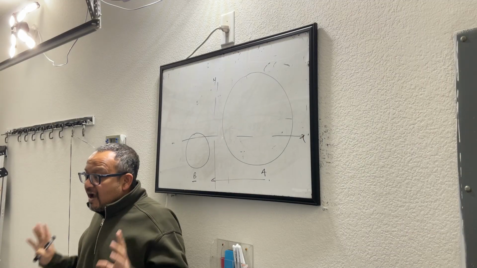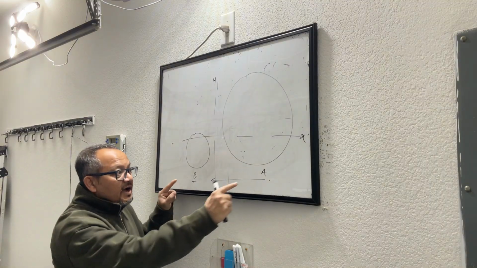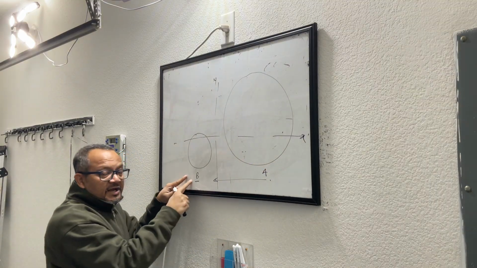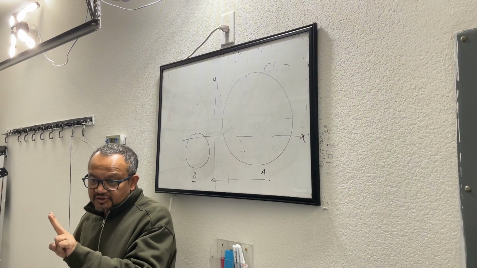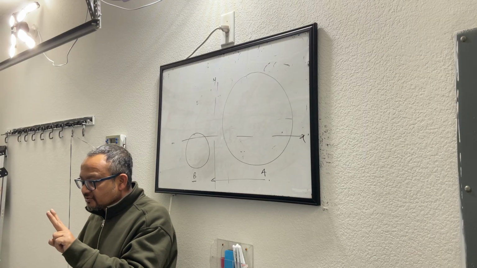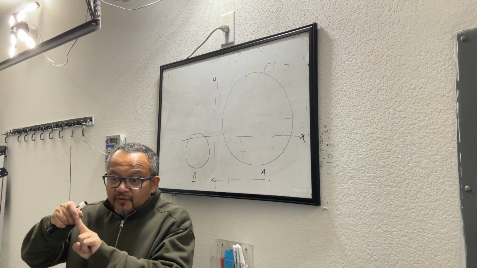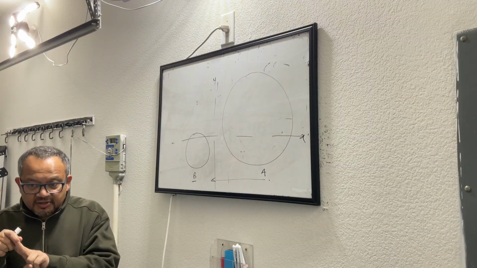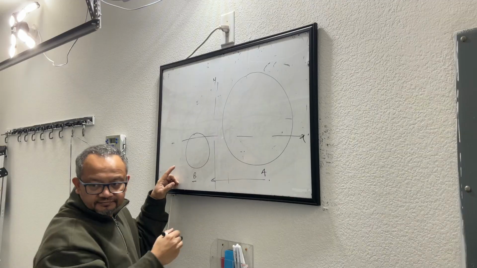So again, math is all about data. Now look at this story, okay? From A to B, we are seeing two forms of transformation. One is, it has dilated.